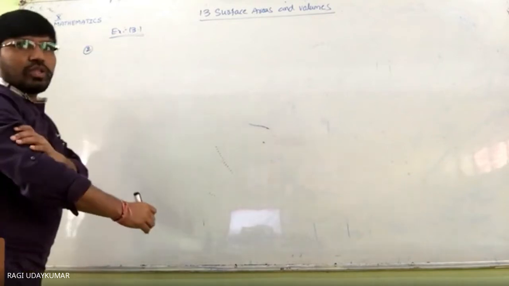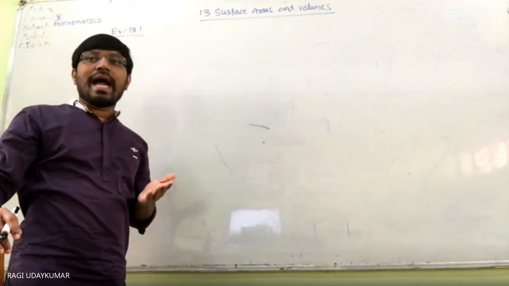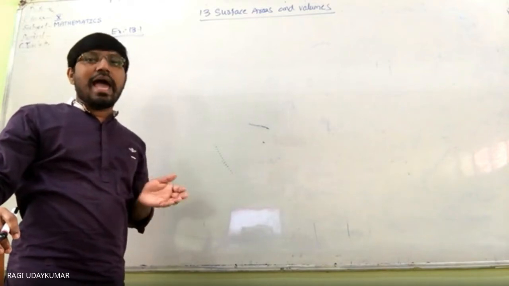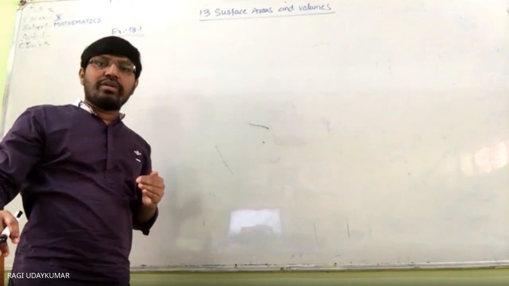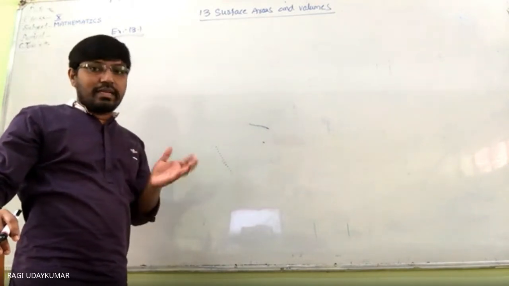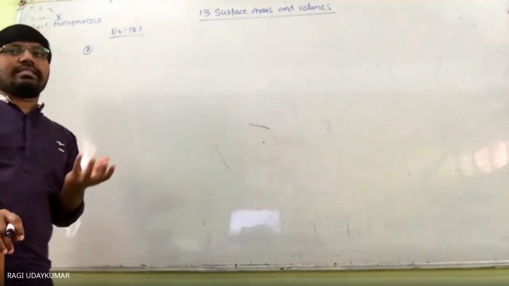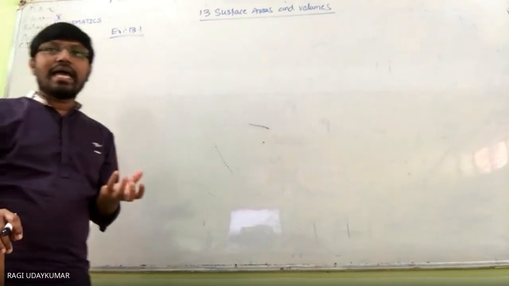Second one. So the question is, a vessel is in the form of a hollow hemisphere mounted by a hollow cylinder. Hollow hemisphere mounted by hollow cylinder means a hemisphere.